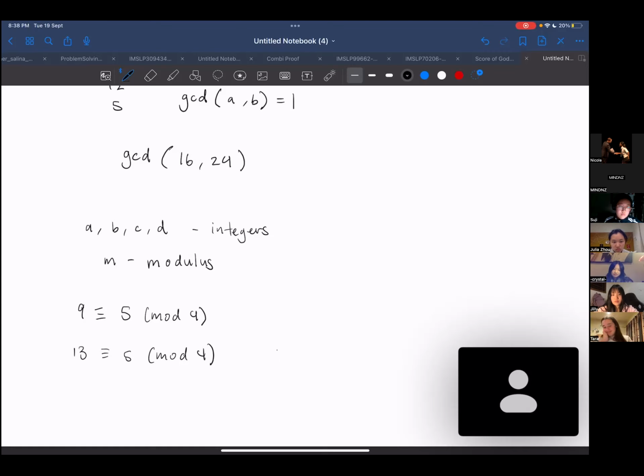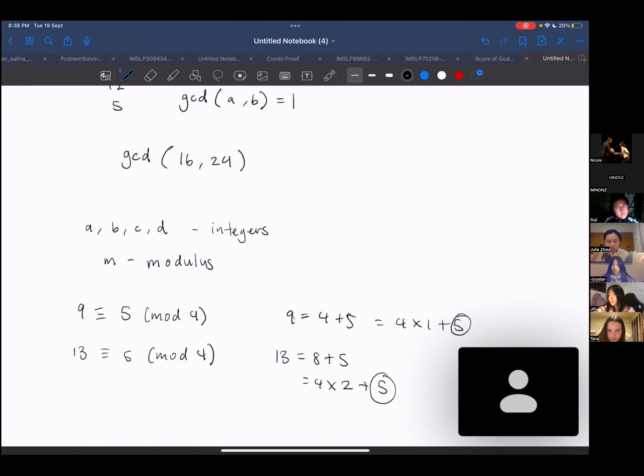Because 13 equals 8 plus 5, which equals 4 times 2 plus 5, so we have a remainder of 5. And 9 equals 4 plus 5, which equals 4 times 1 plus 5. So the remainder in both cases will be 5.